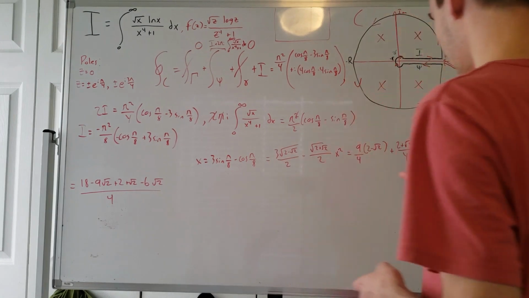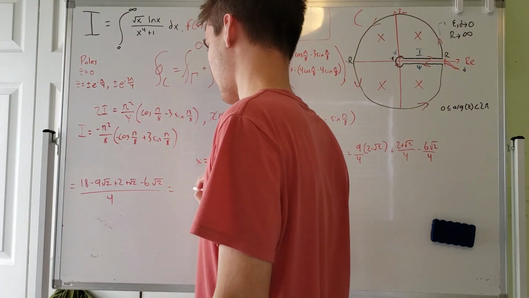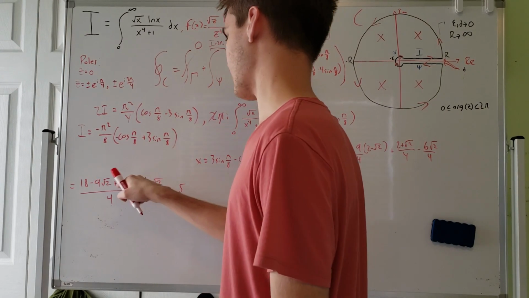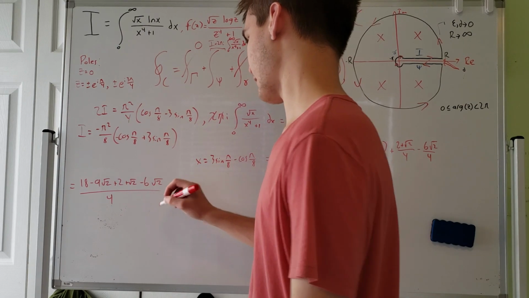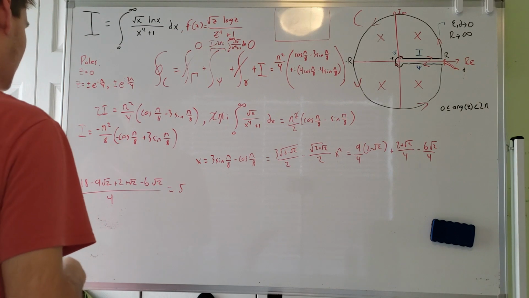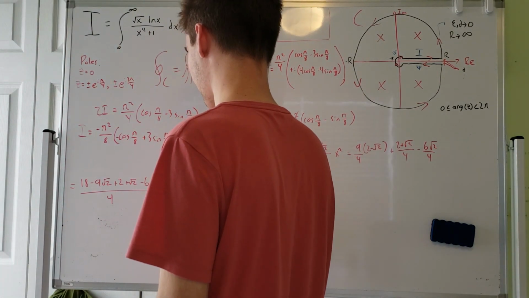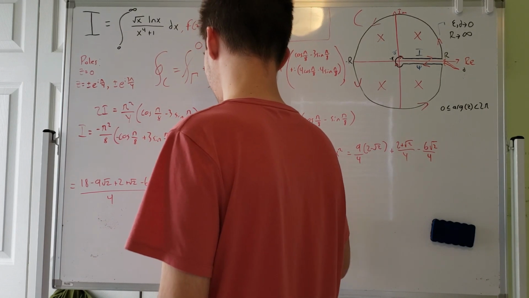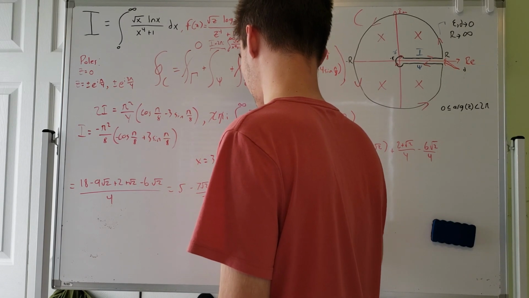Okay. So we're going to have a 5 because 18 plus 2 divided by 4 is going to give us a 5. And then our root 2's, we have minus 15 and then a positive 1, which will give us minus 14 over 4. So minus 7 root 2 over 2, which is in fact 5 minus 7 over root 2.